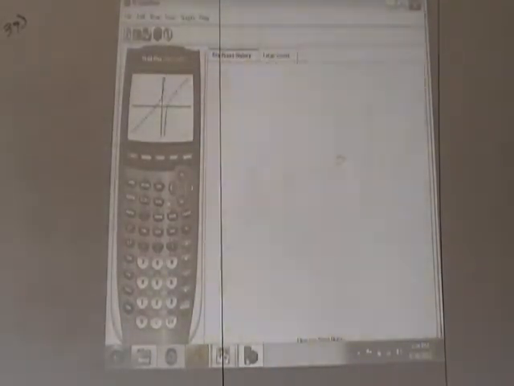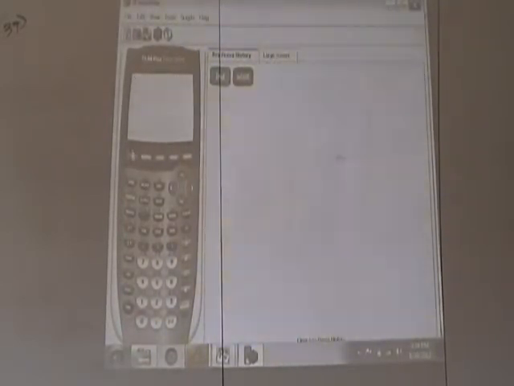Okay, then we want to graph sine x over x. So, Christian, since you want to hear your voice on the video, walk me through this. What am I going to press to graph sine x over x? Before that, where do we enter equations?